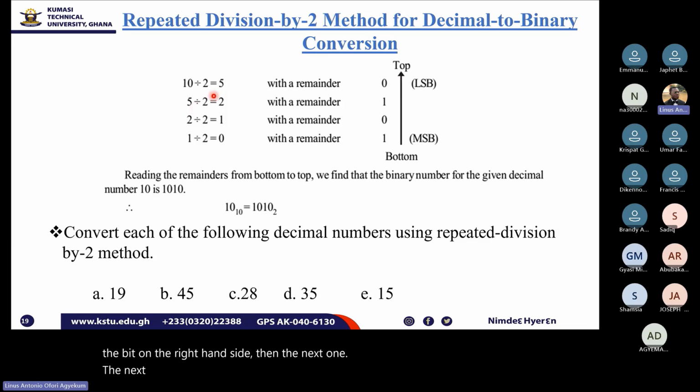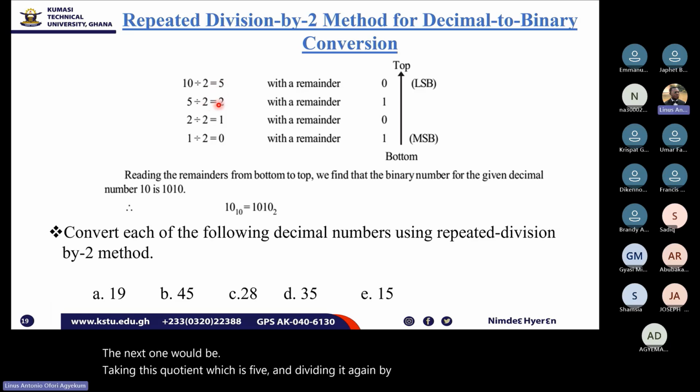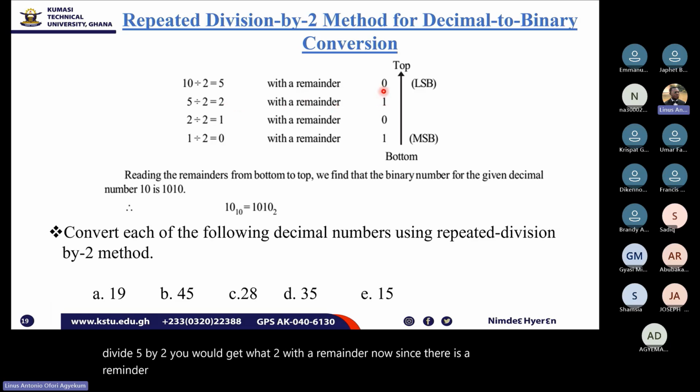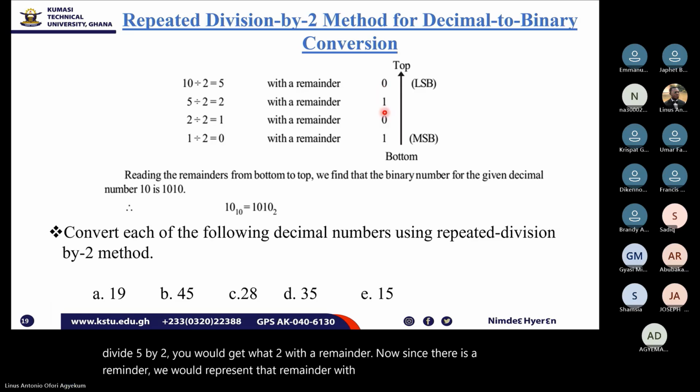Then the next one would be taking this quotient, which is 5, and dividing it again by 2. And when you divide 5 by 2, you would get 2 with a remainder. Since there is a remainder, we would represent that remainder with a 1.